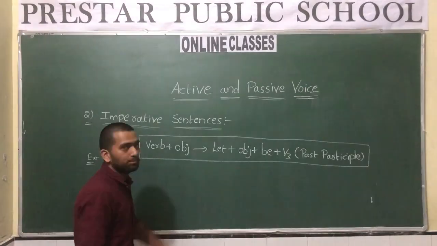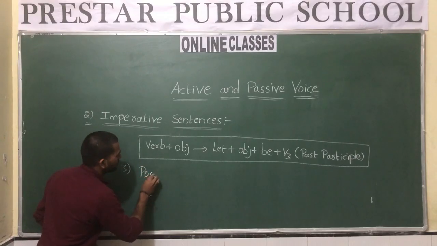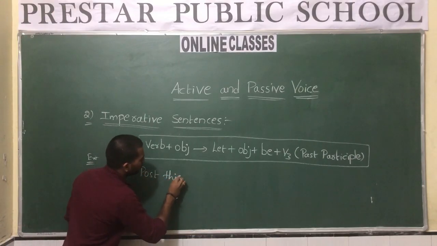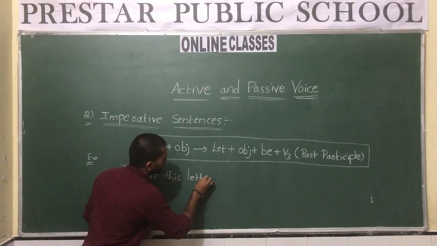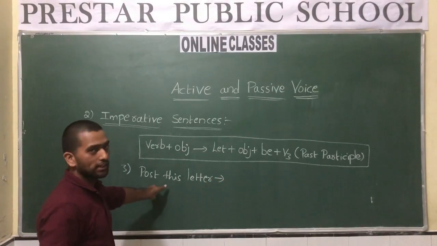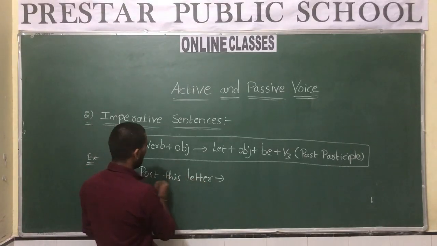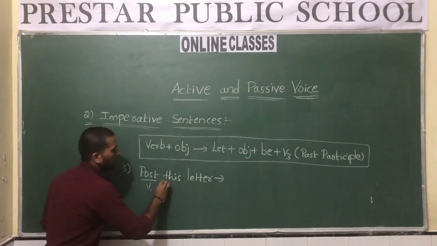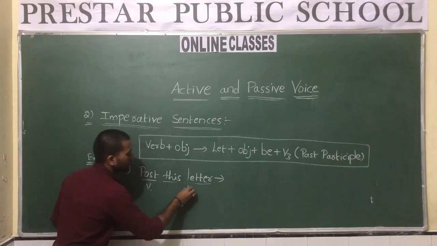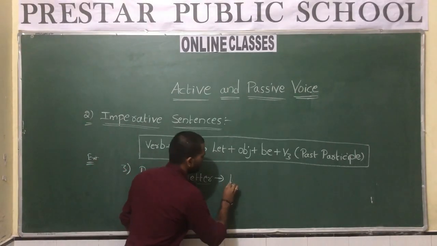Another imperative sentence, for example, post this letter. Now convert the given sentence into passive voice. Post this letter. This is the verb and this is an object. So it follows this pattern.